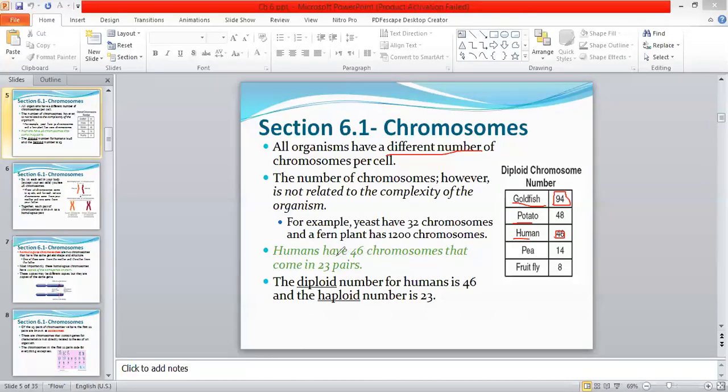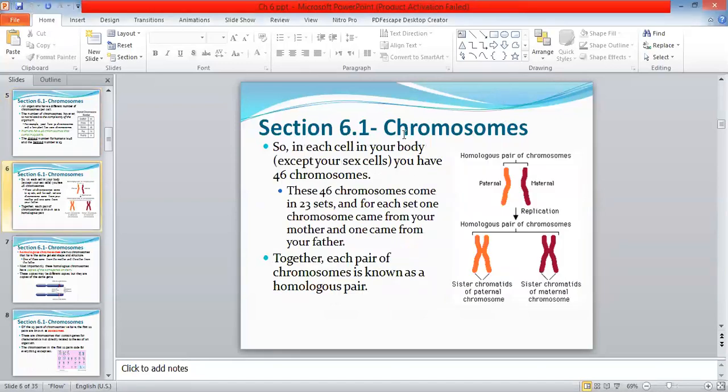And we see that humans have 46 chromosomes or 23 pairs. You know this information. And we explain a new term which is called homologous chromosomes. What is the meaning of homologous chromosomes?